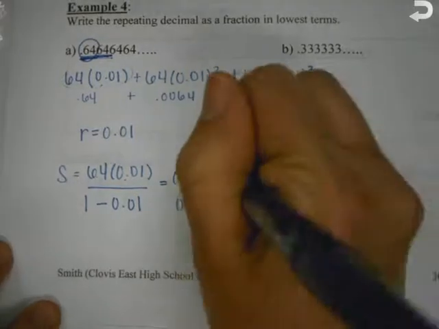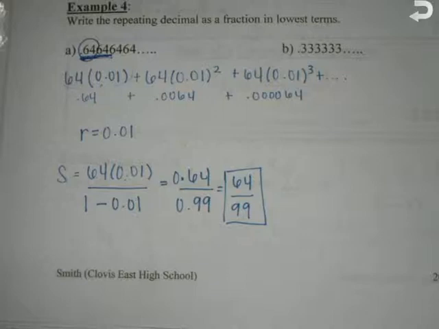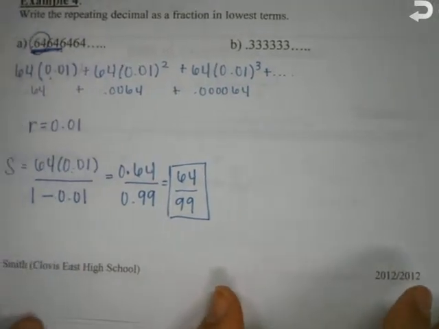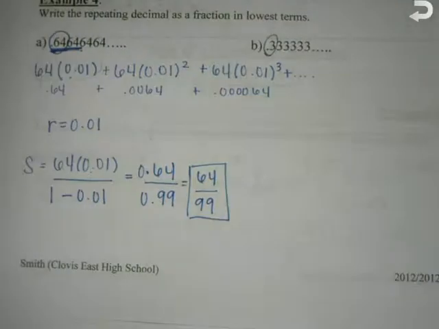Not too bad, right? This is pretty much the same process every single time. When we are looking at something like part B, there's only one number being repeated. What is it? 3. So R is a little bit different, but it's kind of the same idea. This is the same as 3 times, not 0.01, because there's only one digit, so point what?